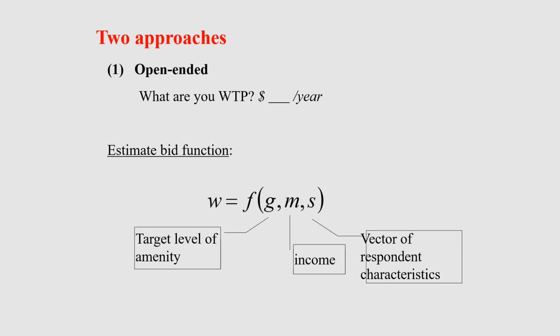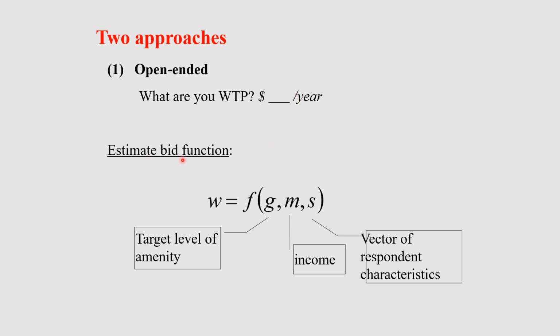In other words, we simply provide a respondent details about how many polar bears there are, what they do, etc. And then in the end, we ask them what they're willing to pay for a particular program that would, say, expand the polar bears from some number, 1,000 to 10,000, or from 1,000 to something more realistic, 1,200. And the respondent would then provide a number which we would then enter into here.